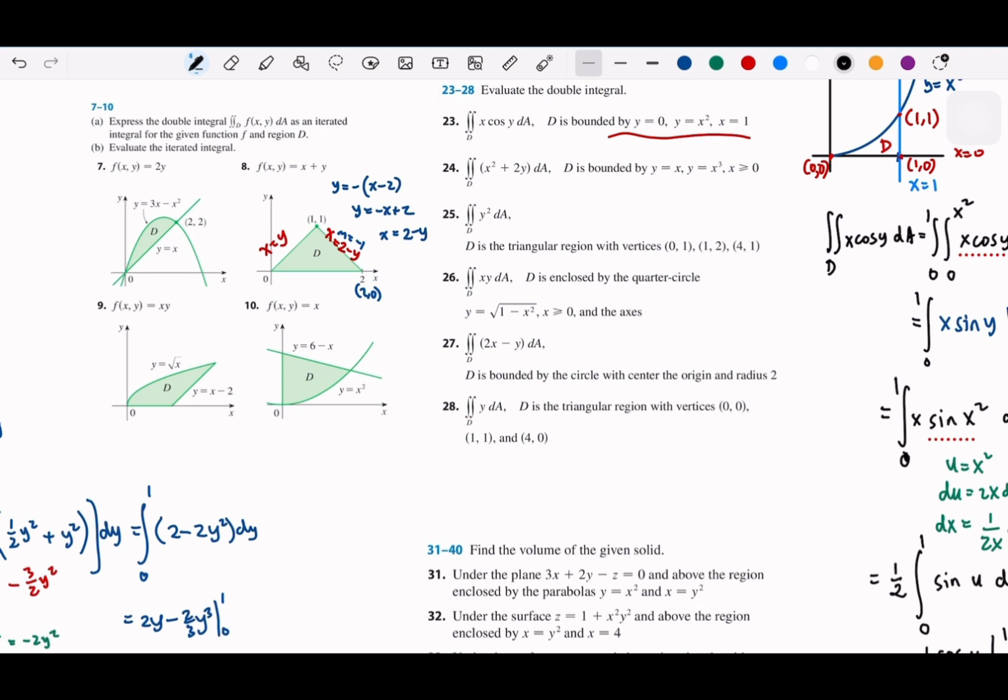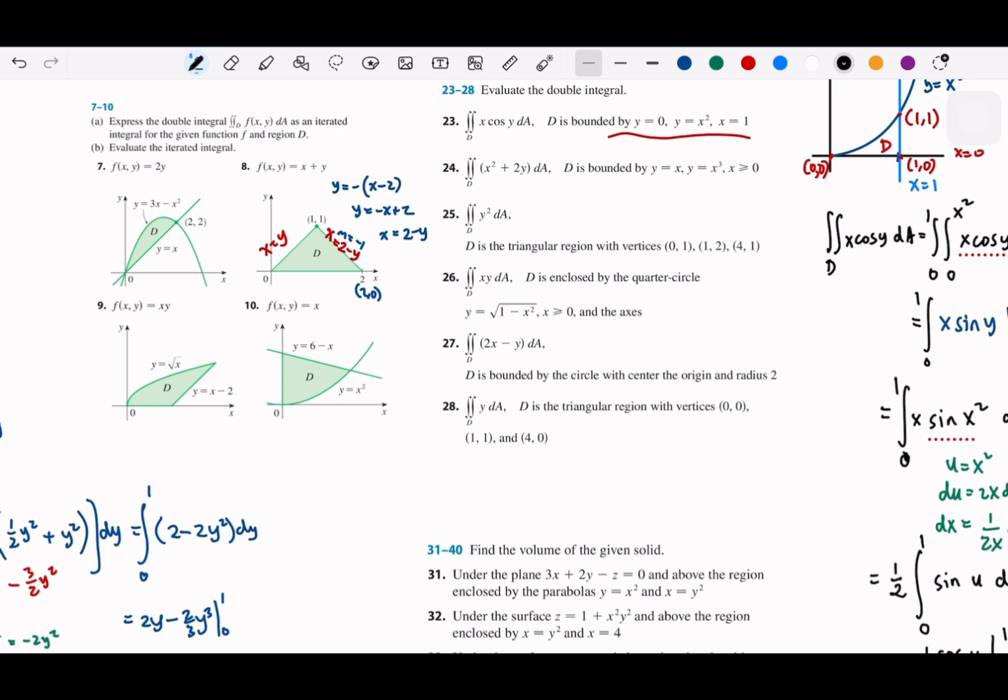27. We have double integral of 2x minus 1 dA. D is bounded by the circle with center the origin and radius 2. We can work it in xy or in polar. But if we would like to work it in xy, I think we could also work this. Okay.